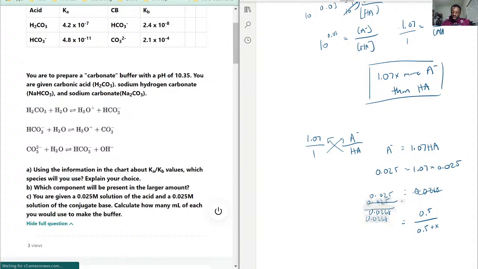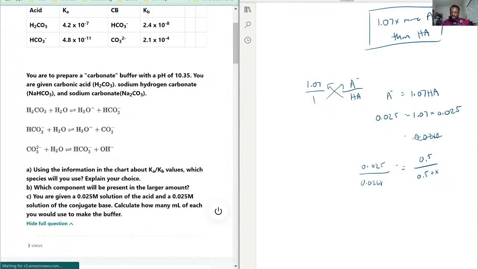That's what we're going to use here to be able to establish this, because we want to be able to get this ratio here. So 0.25 divided by that, what we just got, oops, sorry, there we go, so that's like 0.93 is equal to 0.5 over 0.5 plus x.